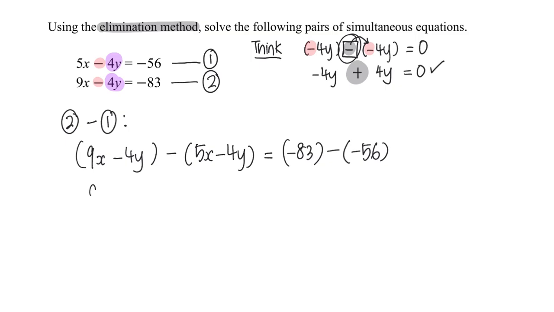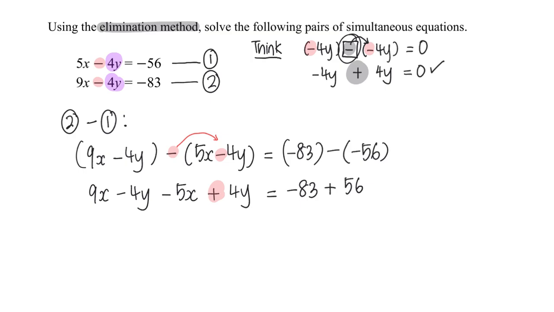Alright, so let's solve this. I will have minus 5x. Take note, when we have a negative and negative, it will have to be, yes, positive 4y. And that's the reason why later on we would be able to eliminate the y term.